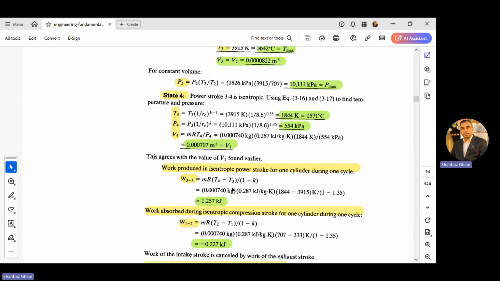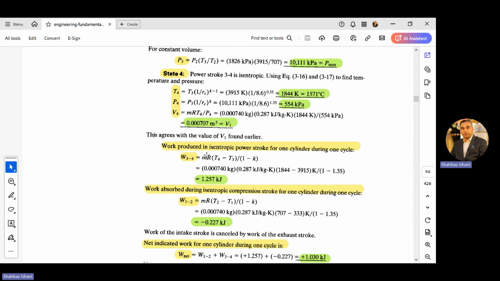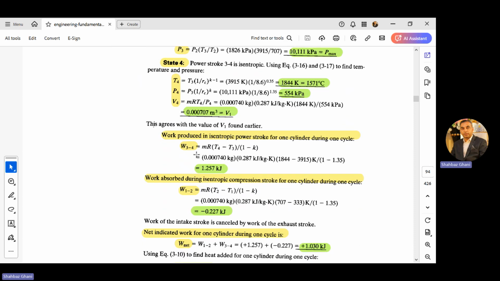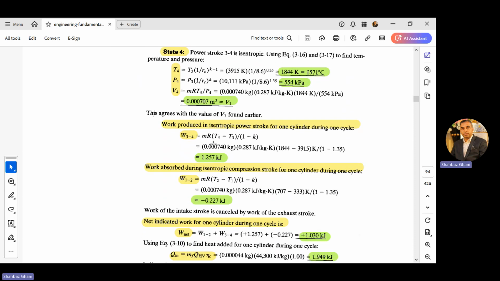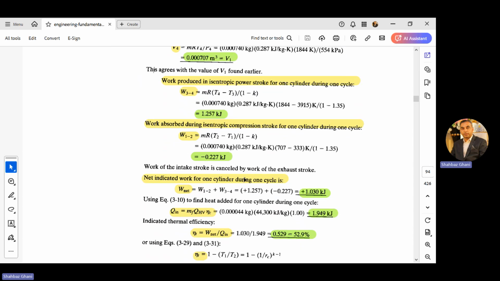After finding all the basic parameters at points 1, 2, 3, 4, the temperature, pressure, volume, and mass values, we found the work produced during the power stroke, then the work absorbed during the isentropic compression, that is the net indicated work.